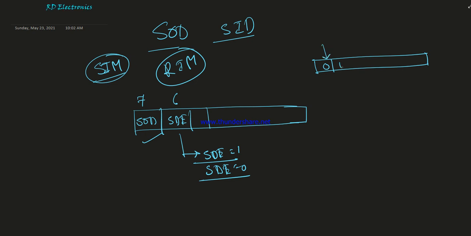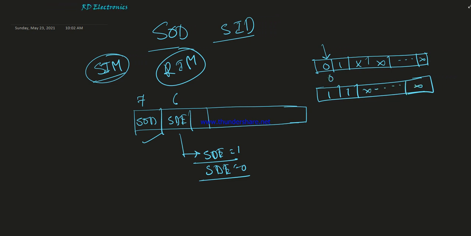This bit is SOD, and this enable bit is 1, and the remaining bits are don't care, that means 0. Next, the data is 1 and the enable bit should be 1, and the remaining bits are don't care. So the first format is 0 1 0 0 0 0 0 0, and the next format is 1 1 0 0 0 0 0 0. From the first format, the hexadecimal code is 40, and the second is C0 hex.